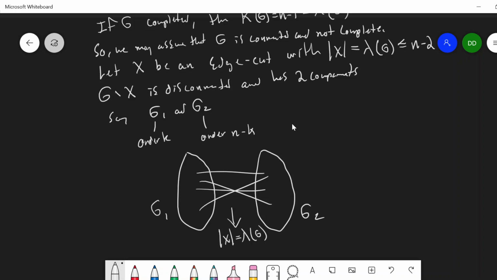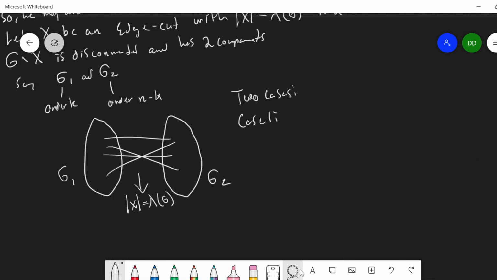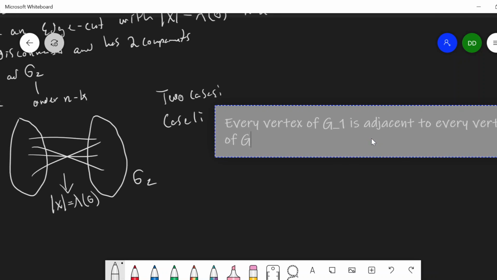So we have two cases here that we want to consider. Case 1: what if every vertex of G1 is adjacent to every vertex of G2?